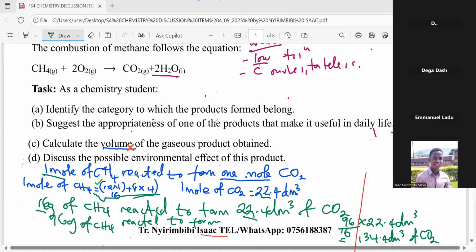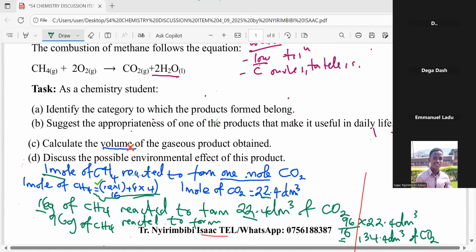I was saying that part B where they say the property that makes it useful in daily life, I was asking whether you're supposed to state a property in relation to its use. On that one, we give different properties and we give only one use.